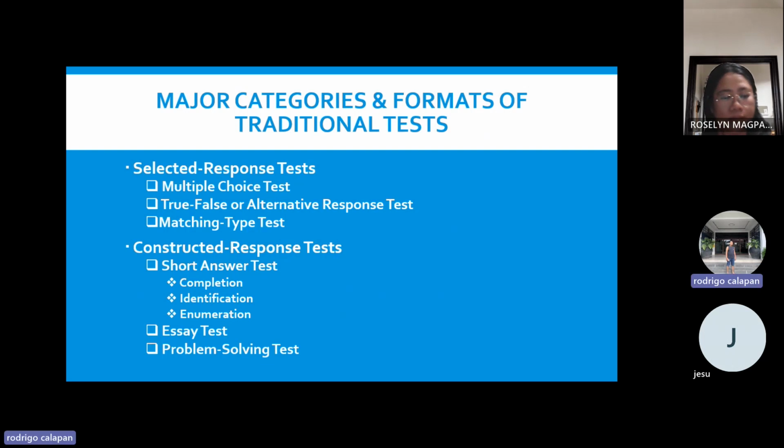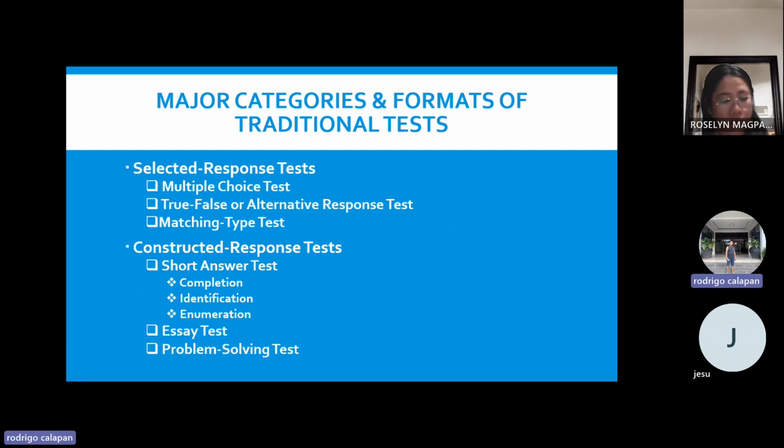We have the selected response type, in which the learner selects the correct response from the given options. And the second one is the constructed response type, in which the learners are asked to formulate their own answers. The cognitive capabilities required to answer selected response items are different from those required by constructed response items, regardless of content.